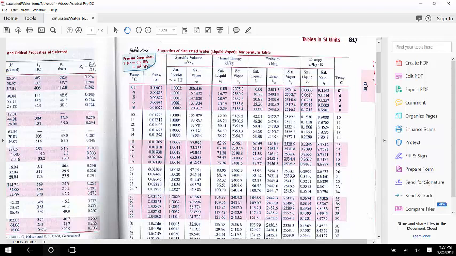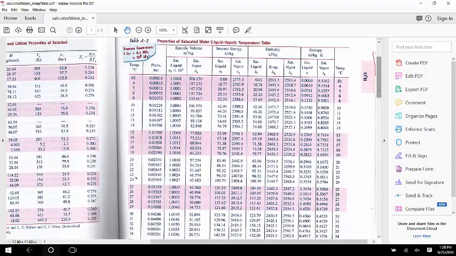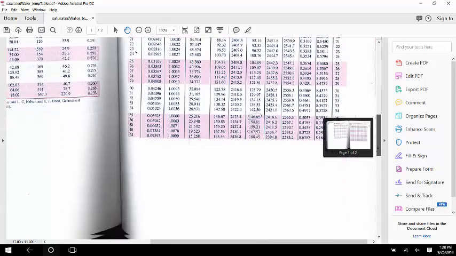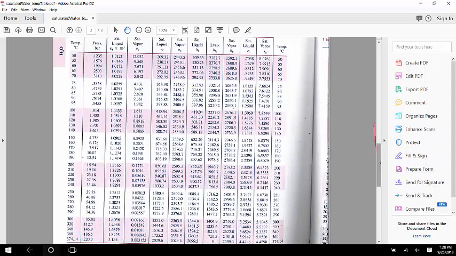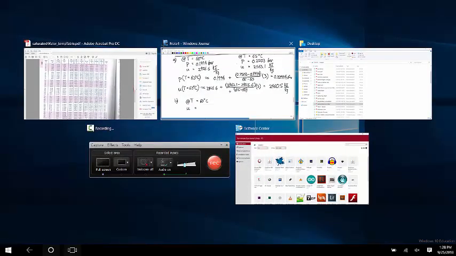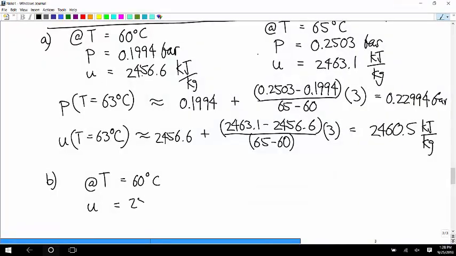I guess I was thinking of the volume that has that super big difference, but saturated vapor is always going to have a bigger internal energy than the saturated liquid. So for this one, 251.11, and that's kilojoules per kilogram.